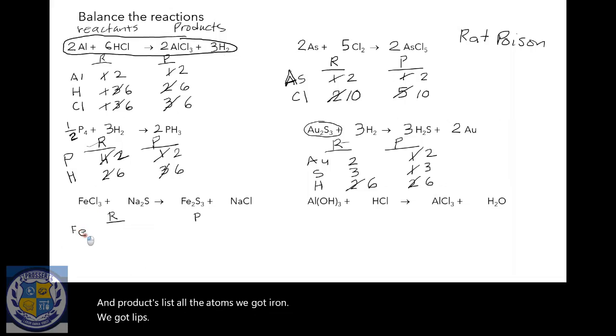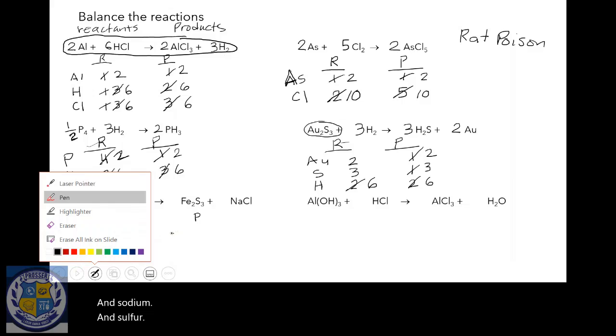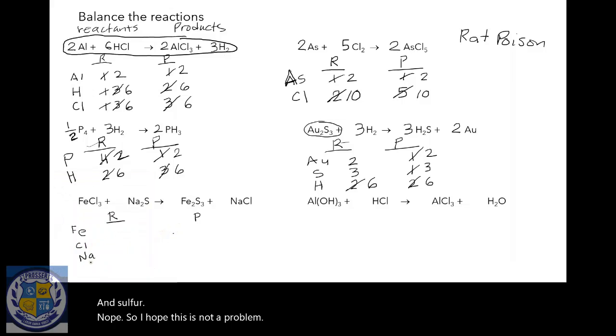Iron. We got chlorine and sodium and sulfur. Oops, I hope this is not a problem. Okay. On the left, we got 1 iron.